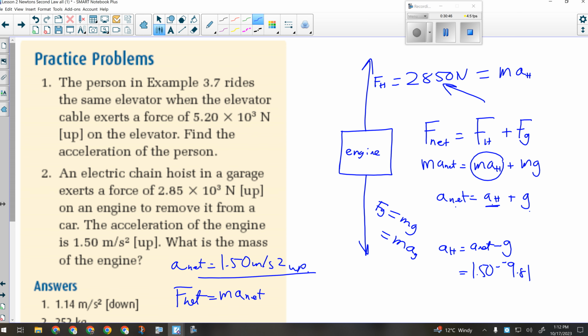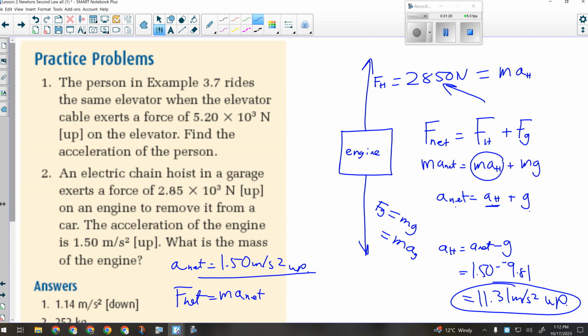I have to keep the vector in there, right? Gravity is down, and the other acceleration was up. So 11.31, right? What that means is, if the hoist was acting alone, if there was no gravity, the engine would accelerate upwards at 11.31 meters per second squared. That's pretty fast.